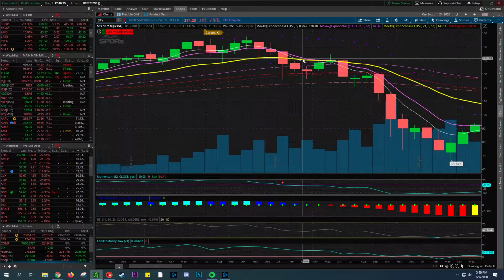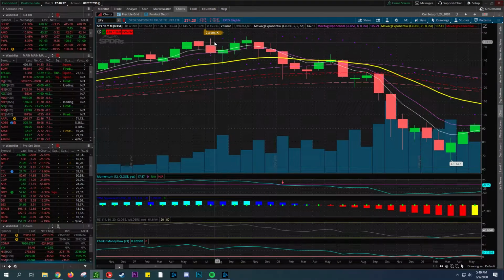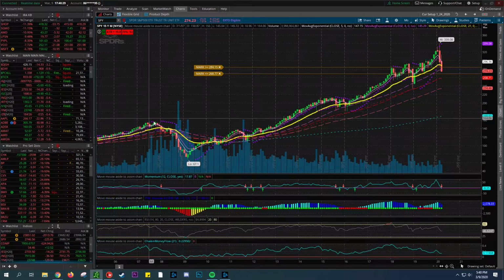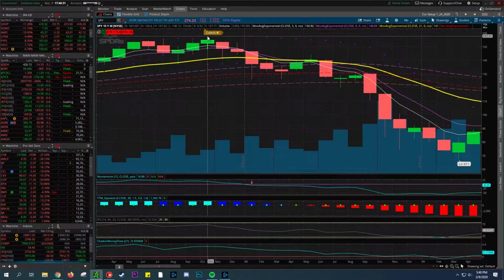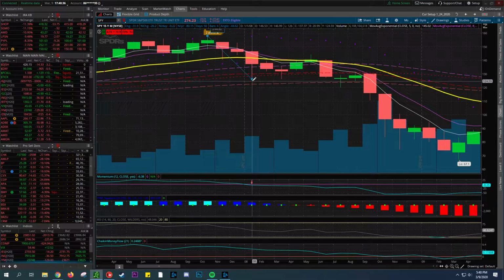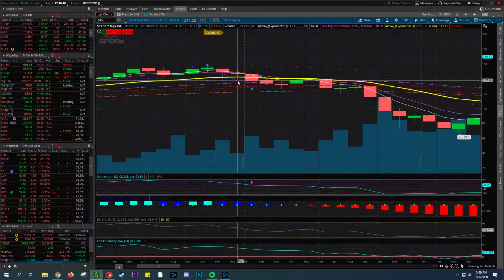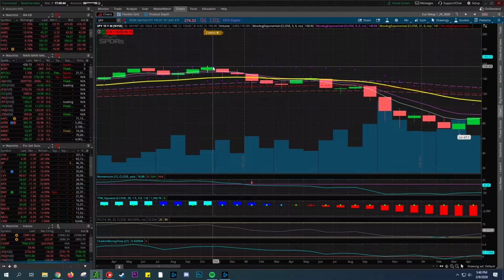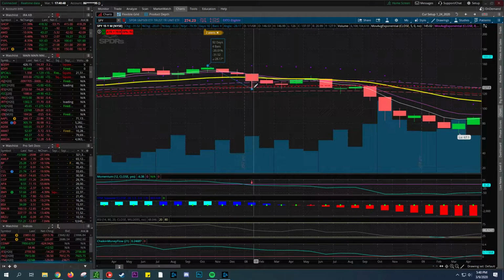So we had this kind of crossover. So this is the high, and then to the low here, let me draw this again. It is about 20%.